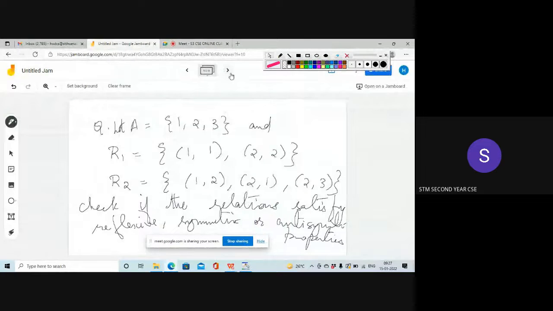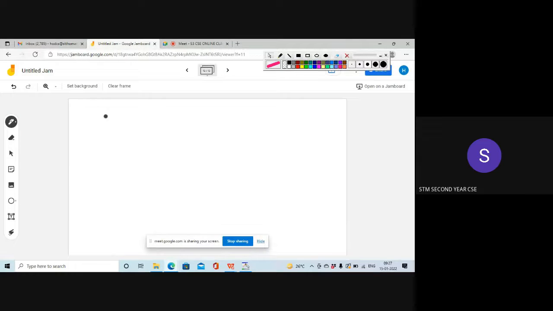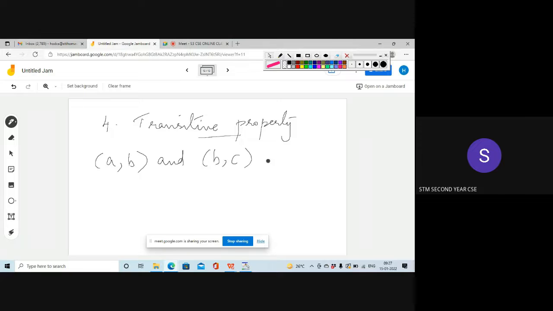Okay, Nivedita. The fourth property is transitive property. Now, transitive property states that if in a relation (A, B) exists and (B, C) exists, then (A, C) should exist.